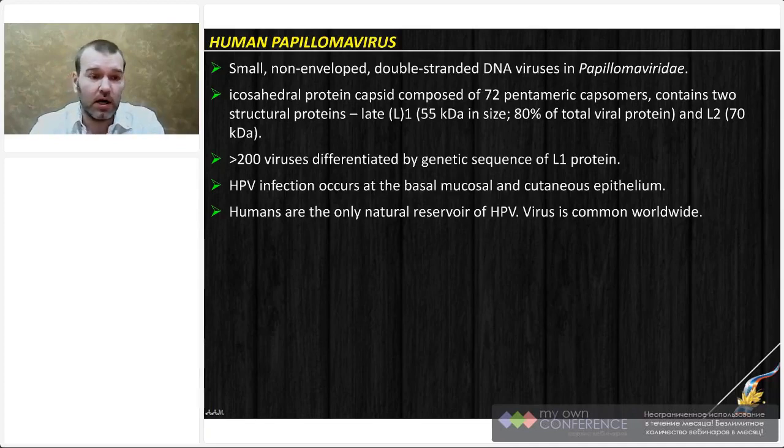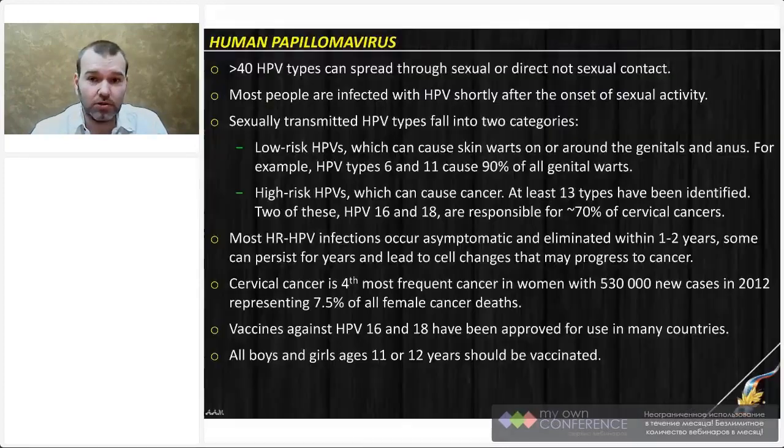A major number of people in the common population are infected with this virus. If you talk, of course, about oncogenic viruses, we have herpes viruses, especially 6 and 7, which have much higher prevalence, but they're not oncogenic as it's known till the moment.